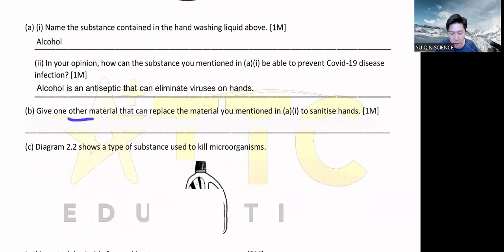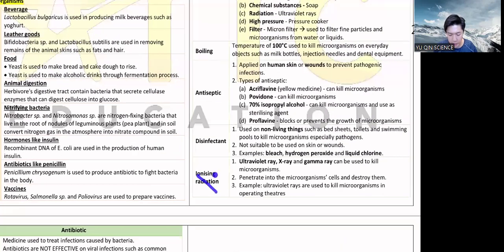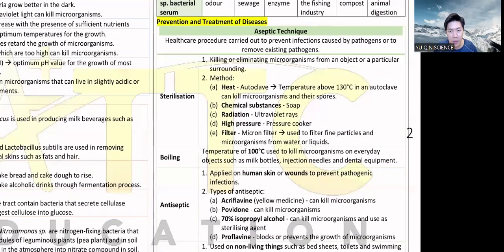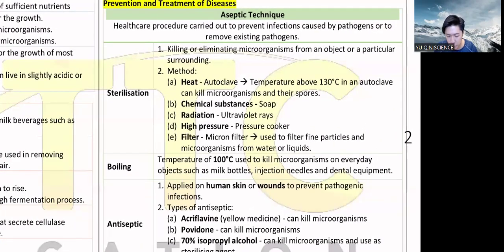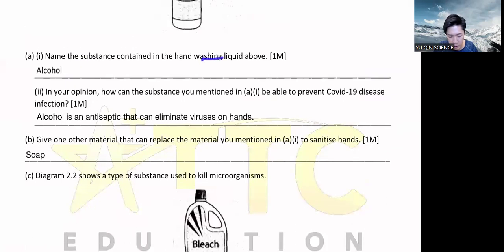Give other material that can wash hands. What else can wash hands? Under sterilization, of course, something you can use to wash hands is soap. So what I'm trying to say is this can be reversed.